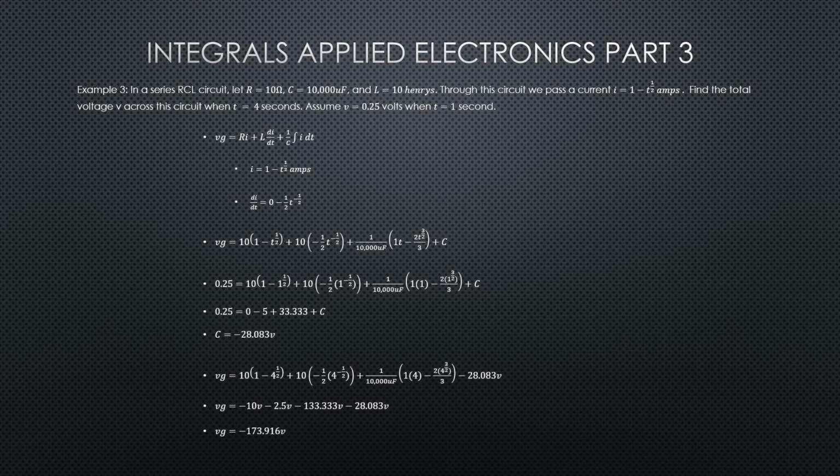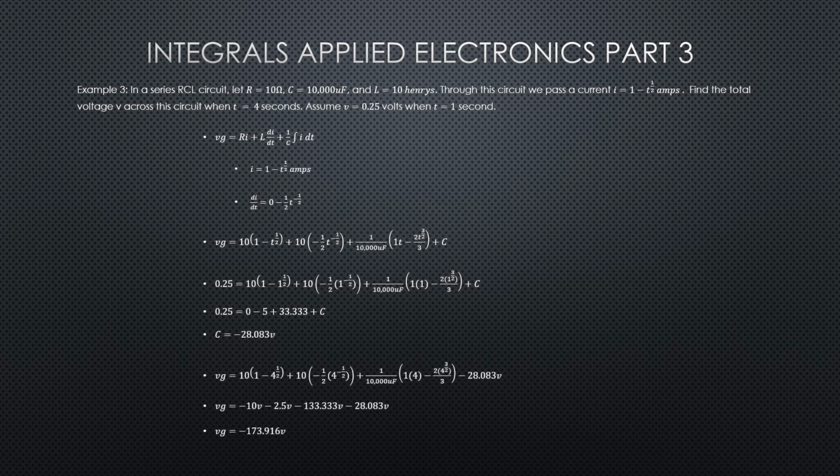So we've got 0.25 volts is equal to our formula that we just calculated, and we're going to put in the time of 1 second. We do all that math, and we find that C is equal to minus 28.083 volts.